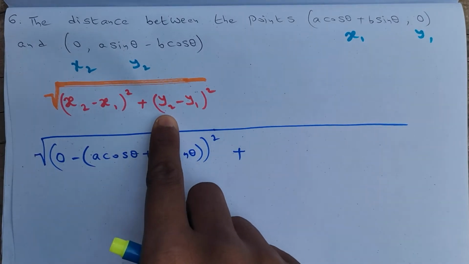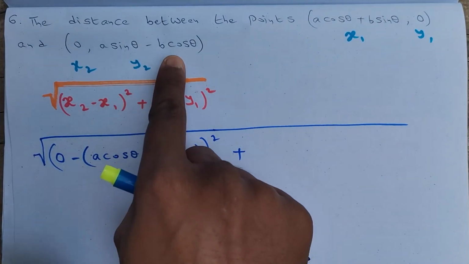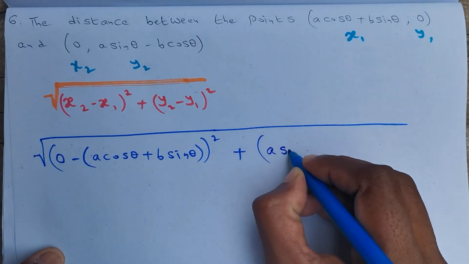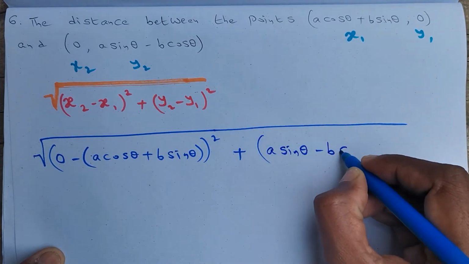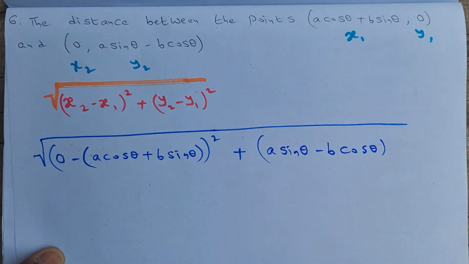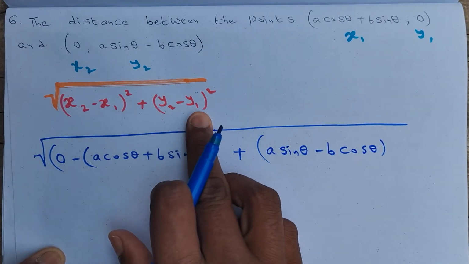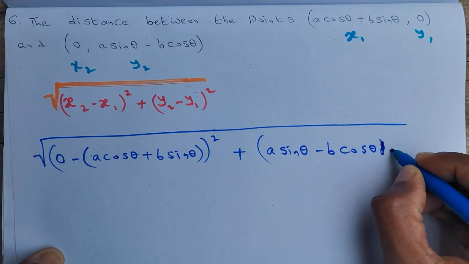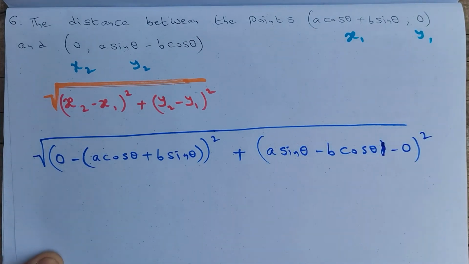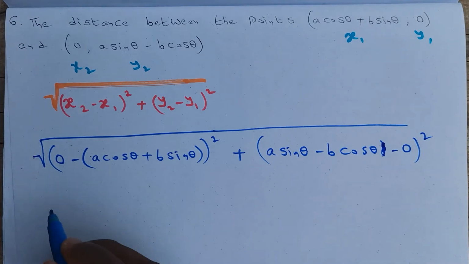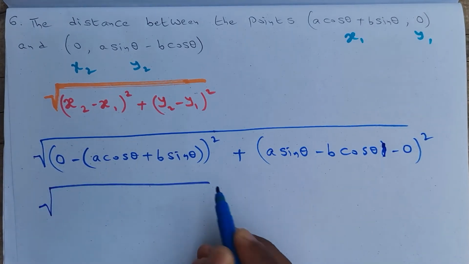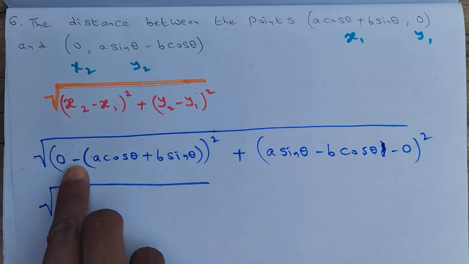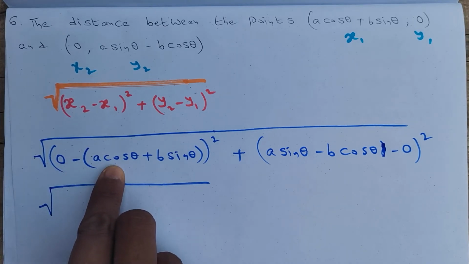Here y2 is nothing but a sin theta minus b cos theta, minus y1. y1 is 0, sorry, here no bracket, minus 0 whole square. Okay, now under root, 0 is not necessary. So next, minus into a cos theta.